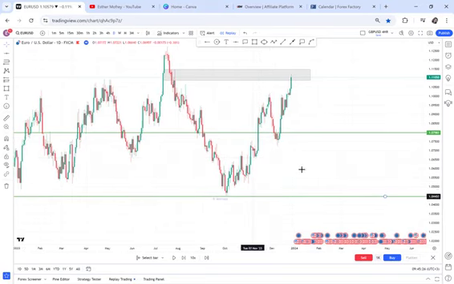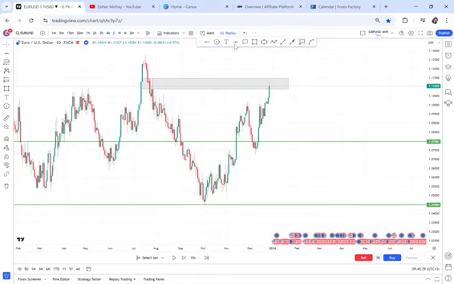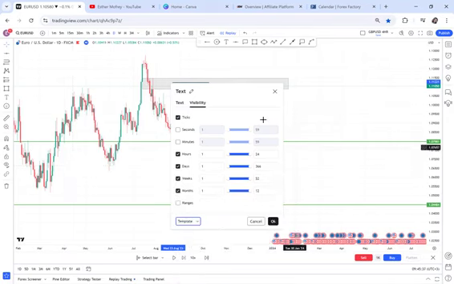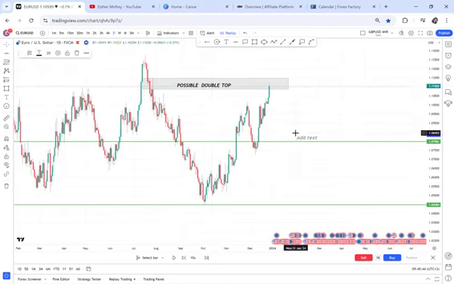Okay, guys, how do we target up to the neckline? This is a possible double top, because you never know what might happen. You have your half ready, this is our half, and then you have our neckline.